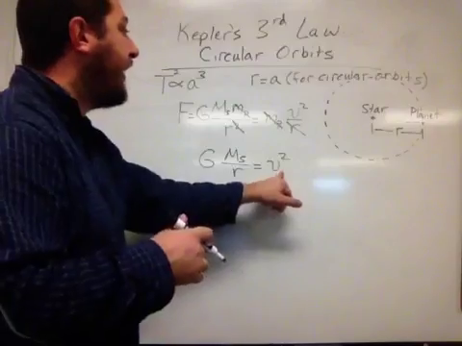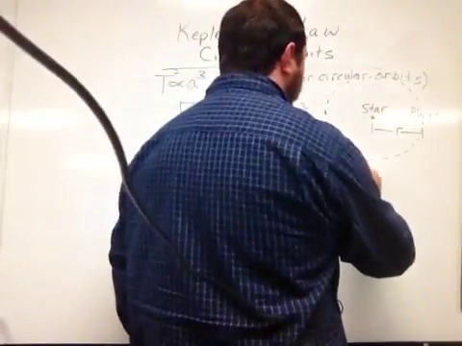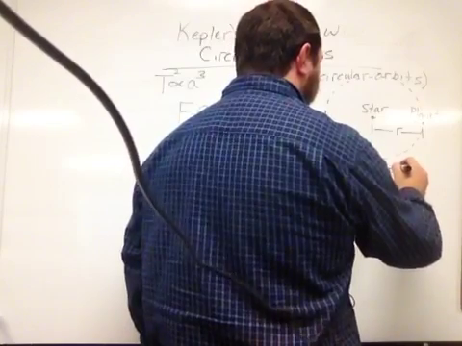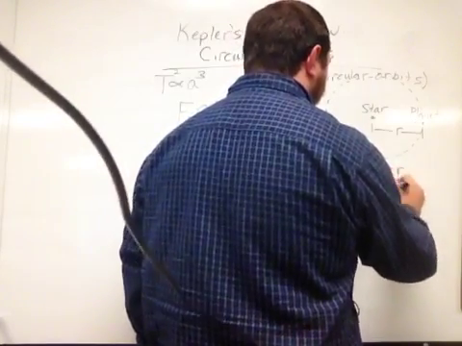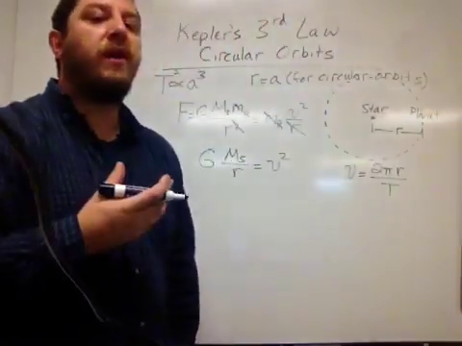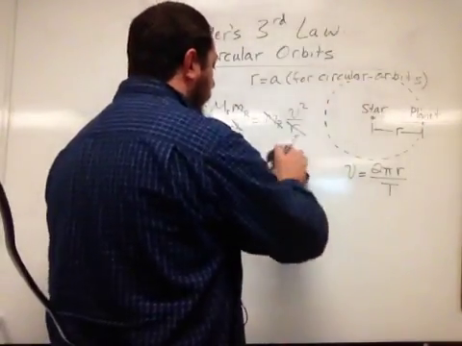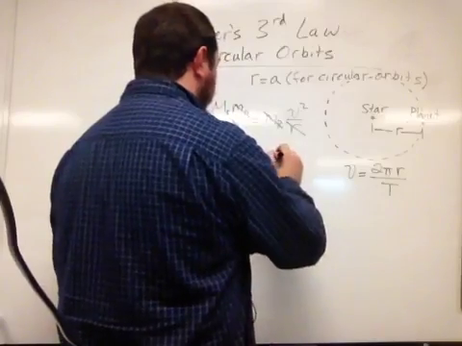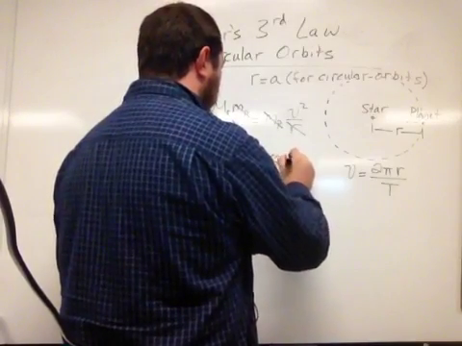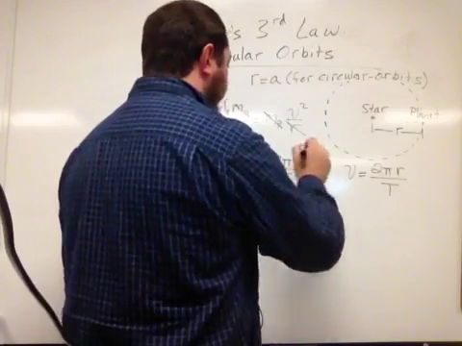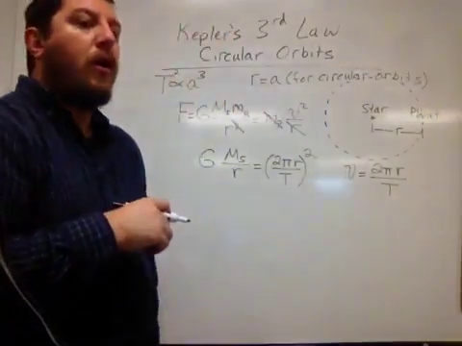Okay, so V is actually equal to the distance the planet travels in the time it takes to do so. All right, so V is just 2 pi r over T. So I can put 2 pi r over T into this equation, and remember that that is also squared.